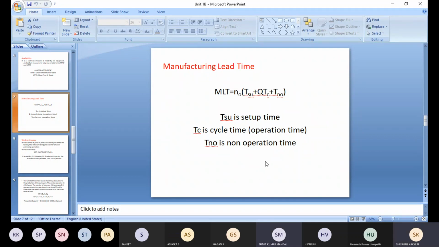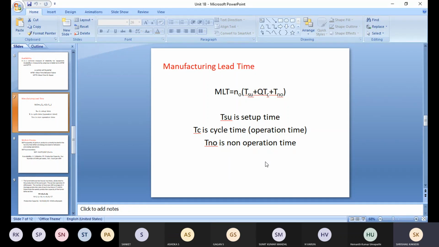Okay, here N naught is deciding the number of operation time. N naught is indicating how many types of product I'm going to take. And the manufacturing lead time, you already know, is the total amount of time which the product has spent in the plant.